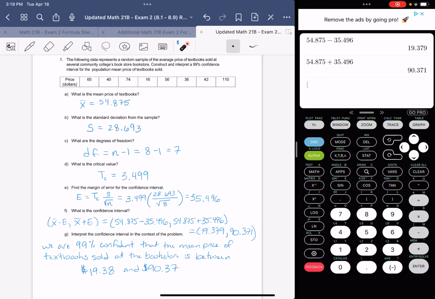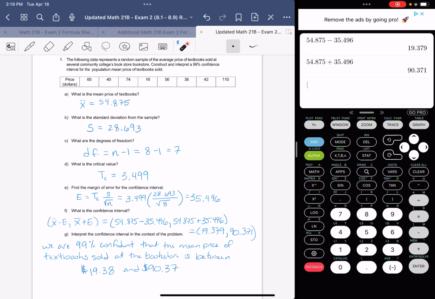Okay, and stop me if you have a question, or let me know if I'm going too fast. Okay, number 2. A random sample of 20 schools in 2017 had a mean number of student awards of 50 and a standard deviation of 25.